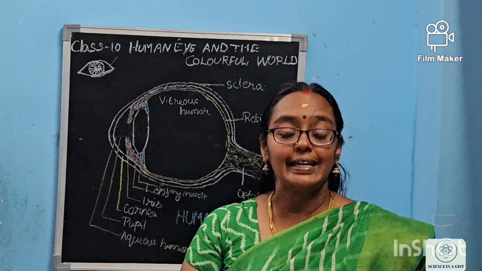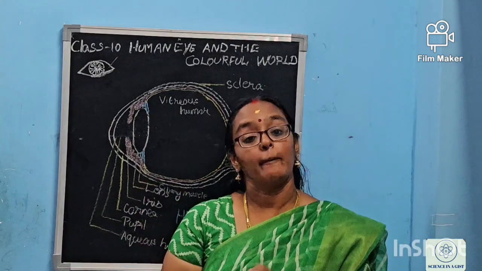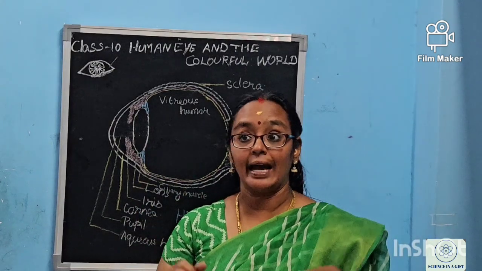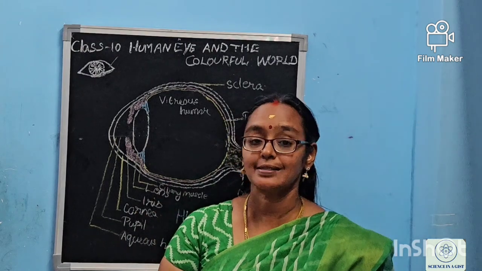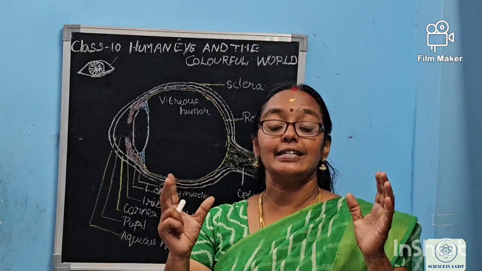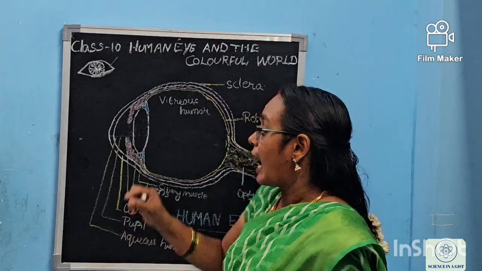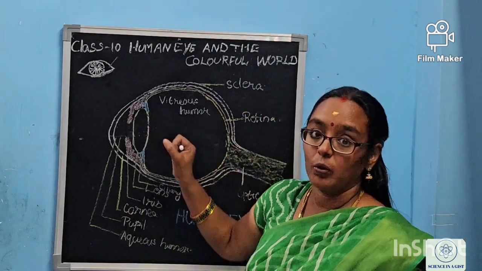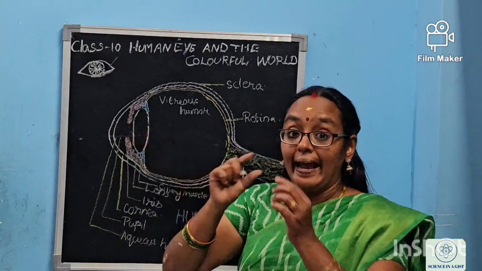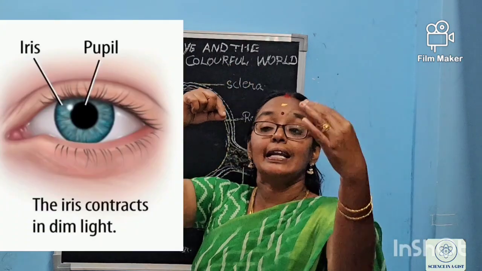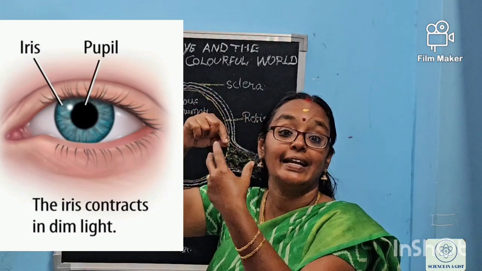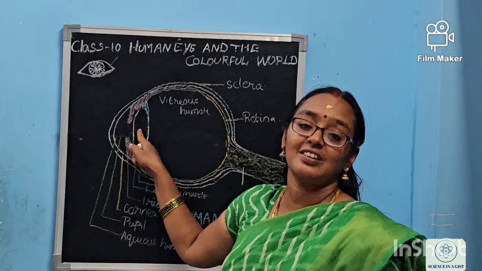The iris is a controlling muscle. It's a muscular part and it is the controlling one. How is it controlling? When we are entering a room having dim light, the iris will expand more, which means the pupil will be enlarged. Which means more light can enter directly to the crystalline lens.